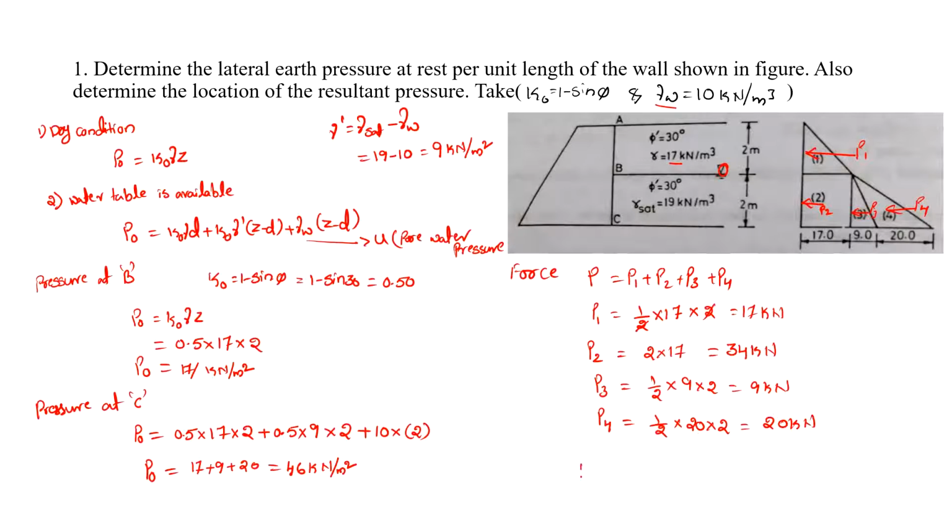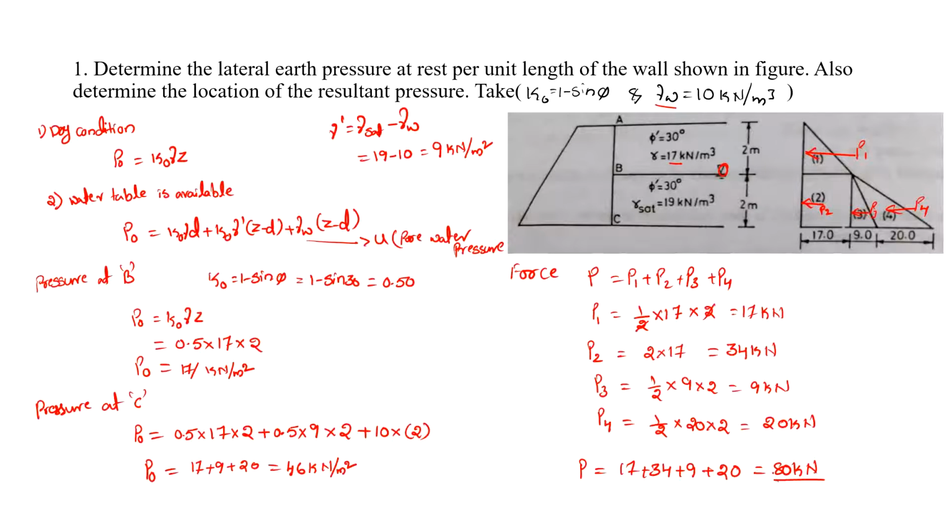So if we get the total pressure with these four values, 17 plus 34 plus 9 kilonewtons as well as 20 kilonewtons, we get 80 kilonewtons. So the entire structure, because of the soil in the horizontal direction, has 80 kilonewton force acting on it.